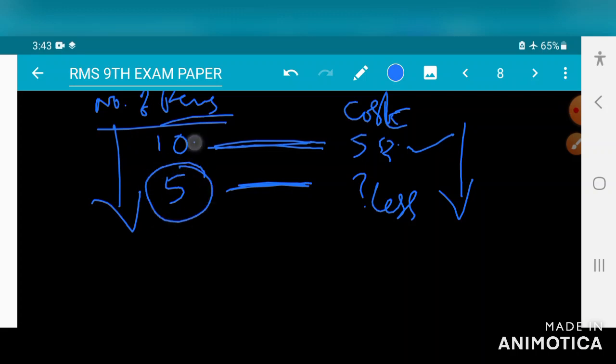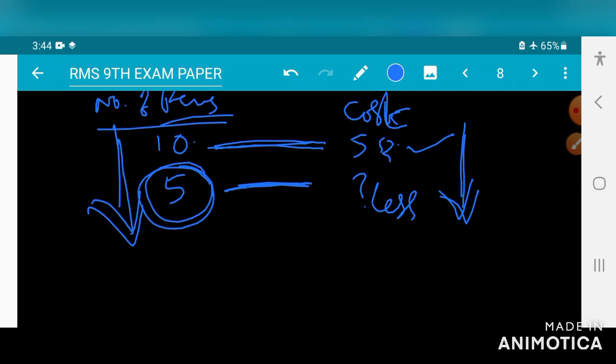See, here 10 pence cost is 5 rupees. Now what is asked is, how much cost for 5 pence? Here the quantity of pence is decreasing, so the value should also decrease. Decrease means less. We have to pay less amount for 5 pence.